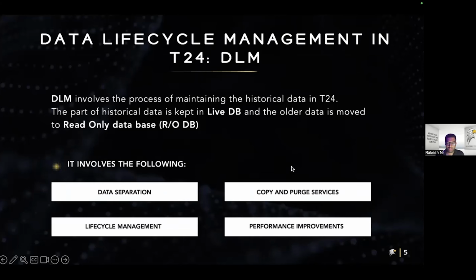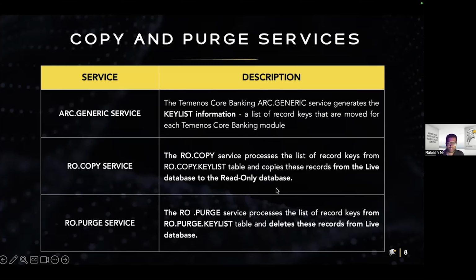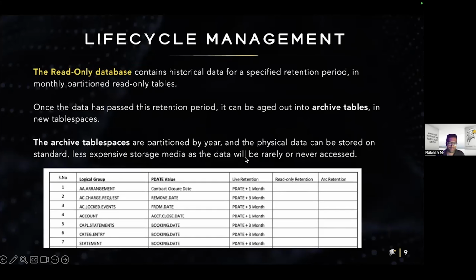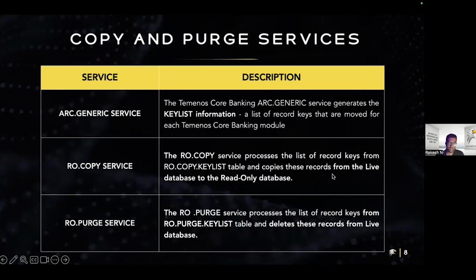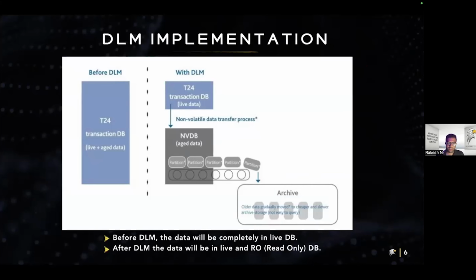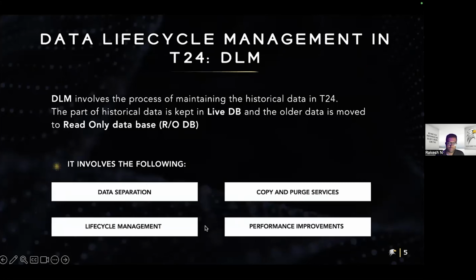And then the DLM services, that's nothing but copy and purge services. There is a lot of effort required to identify, for each application, what we need to do, what the data size is, how many records there are, what live retention we can choose, what RO retention we can keep, and ARC retention. After identifying this, we'll run these DLM services. Once the DB is ready and the DLM services are ready, we'll run it.